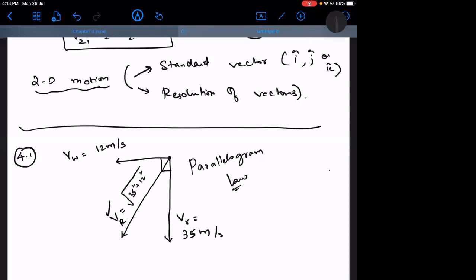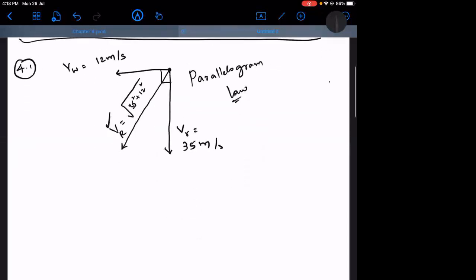the rain. But the question is about what? They didn't ask what is the resultant of these two. Their question is very clear. So there is a boy standing with the umbrella in his hand. Okay. In which direction is the umbrella supposed to be held so that he doesn't get wet?